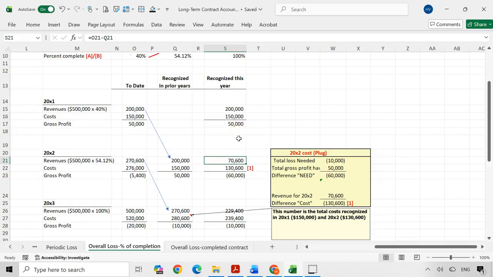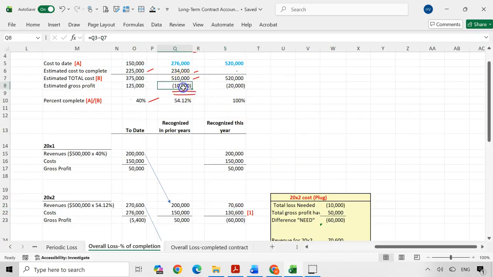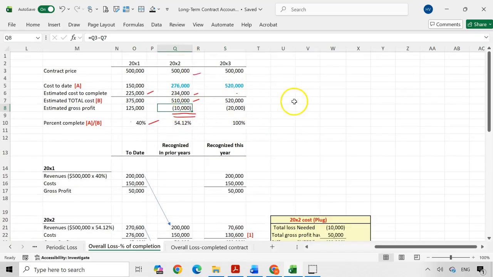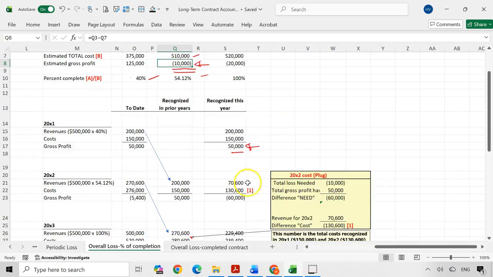Now this is where it's going to change for the cost. The cost is going to essentially be a plug because the overall project now is determined to be a $10,000 loss, right? That's right here. In year one, I recorded a $50,000 gross profit. So now to true up from $50,000 gross profit to $10,000 gross loss, I need to have a $60,000 gross loss to record in year two.